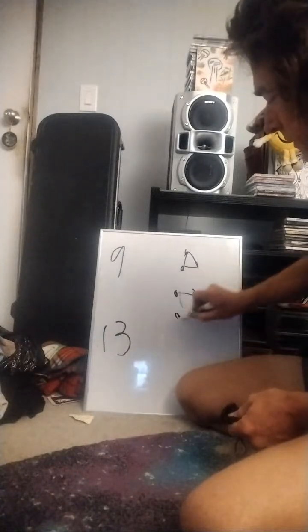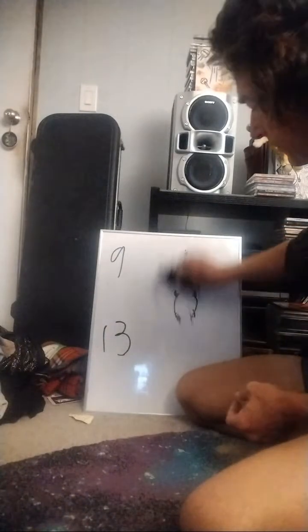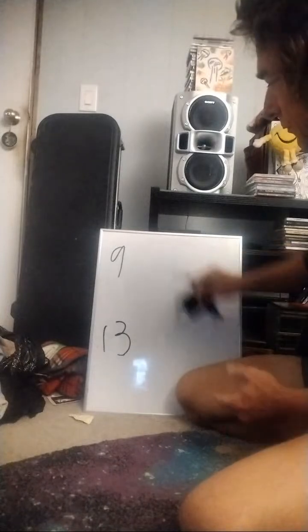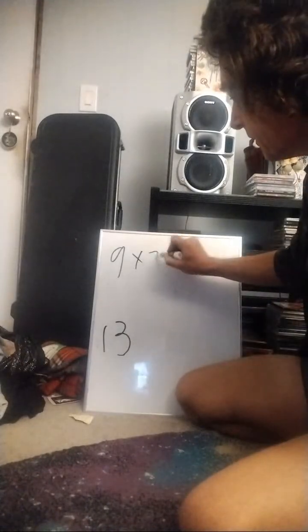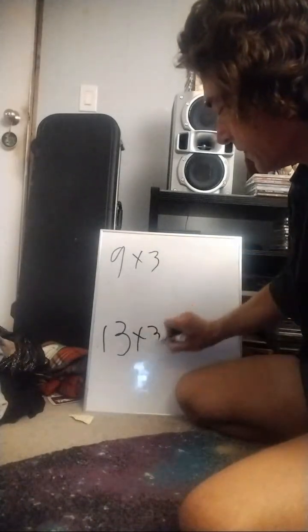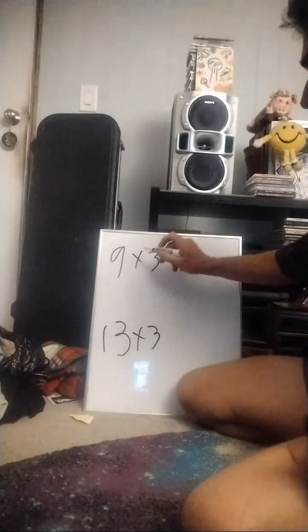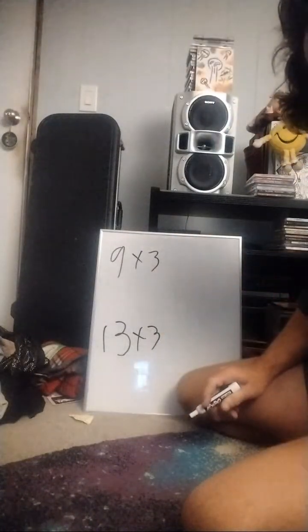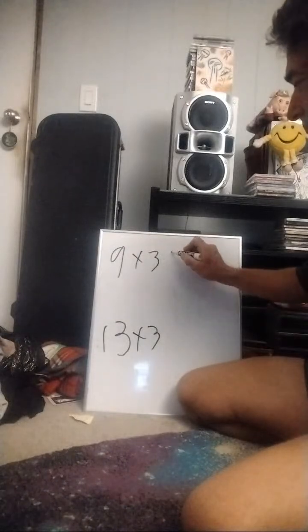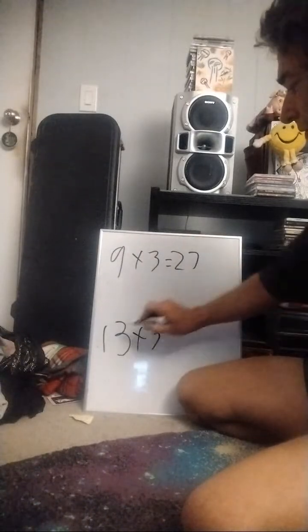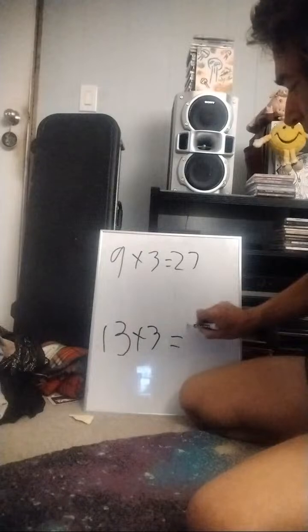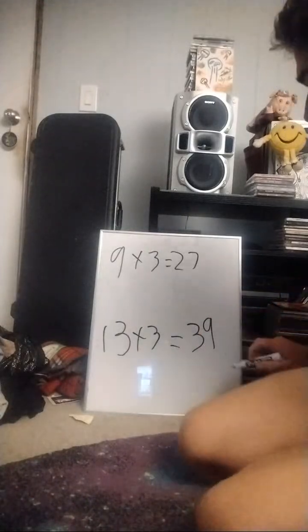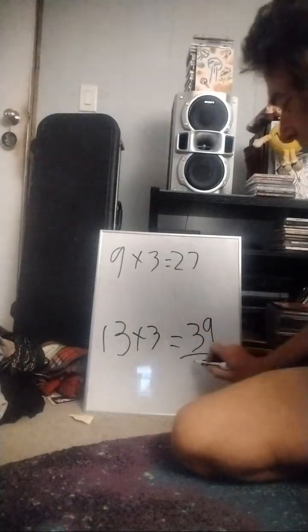That's interesting, but not vital. First I'm going to multiply by 3, then by 4. If you multiply 9 times 3, you get 27. 13 times 3 is 39. The total is 66.